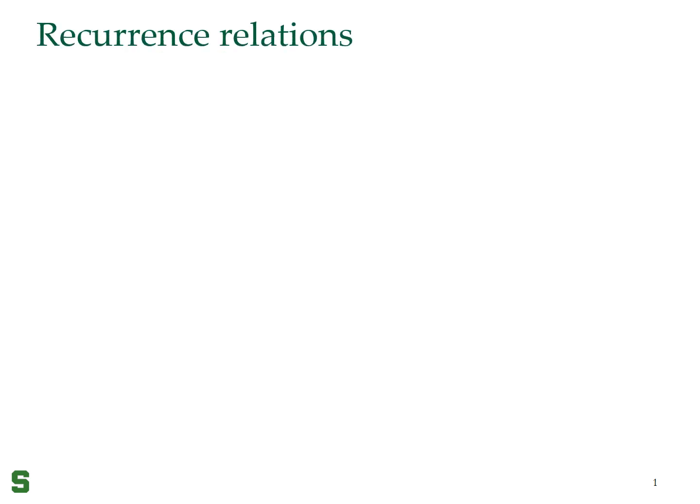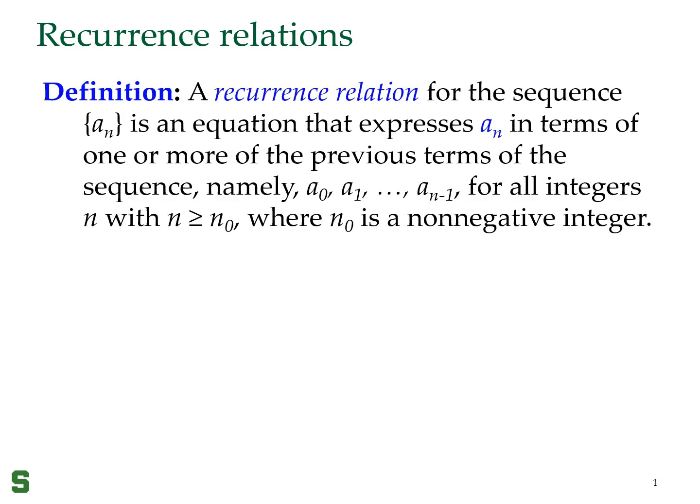A special type of sequence is a recurrence relation. A recurrence relation for sequence a_n is an equation that expresses a_n in terms of one or more of its previous terms.